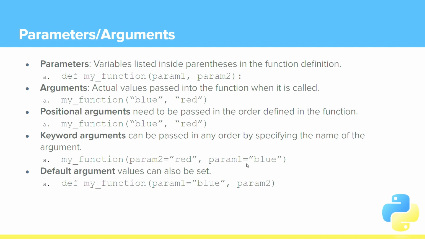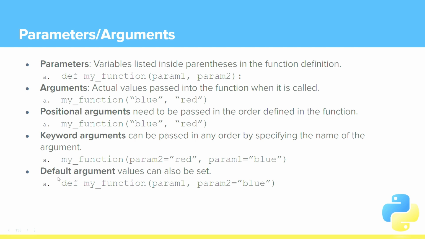And param1 will take on the value blue. Even though in our definition we have param1 first and param2 second, because we are using keyword arguments, we're explicitly saying when we call the function, param2 will be this, param1 will be this. It's not positional. It doesn't matter because we're being more explicit than that. And I'll show you some examples here in a minute.